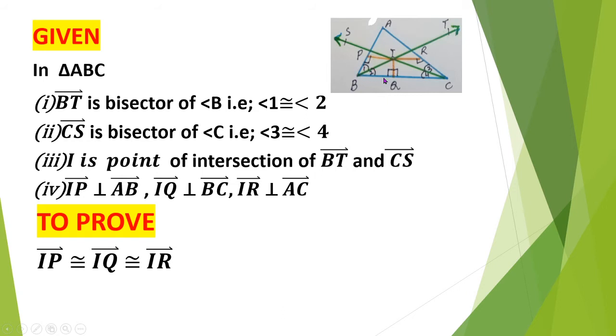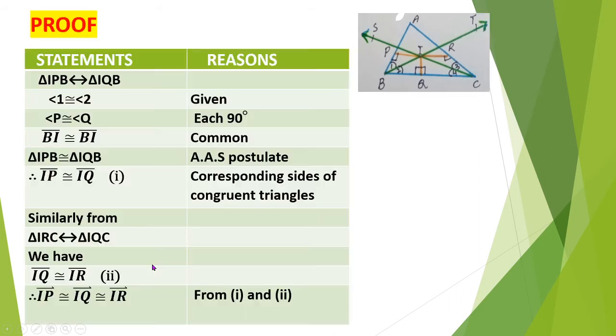IQ is perpendicular on BC and IR is perpendicular on AC. We have to prove that these distances are equal: IP is congruent to IQ and it is also congruent to IR.